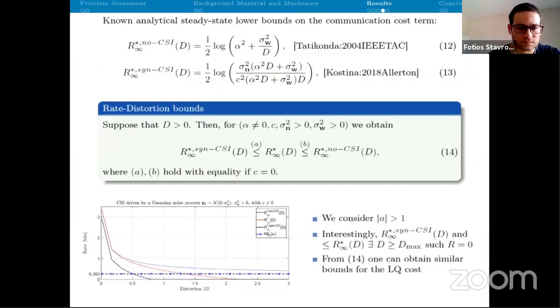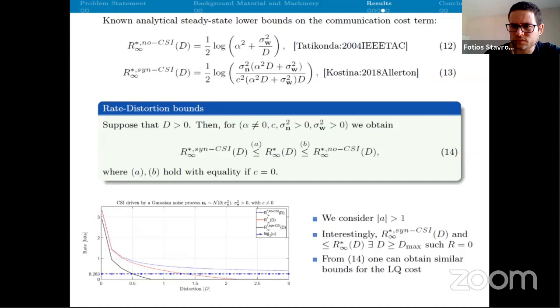In this slide, I compare our lower bound with known analytical steady state lower bounds on the optimal communication cost term. For the non-causal side deformation case, the bound is given in equation 12, and for the synchronized causal side deformation it is given in equation 13. In the series of inequalities in equation 14, we see that our bound lies between these two bounds.